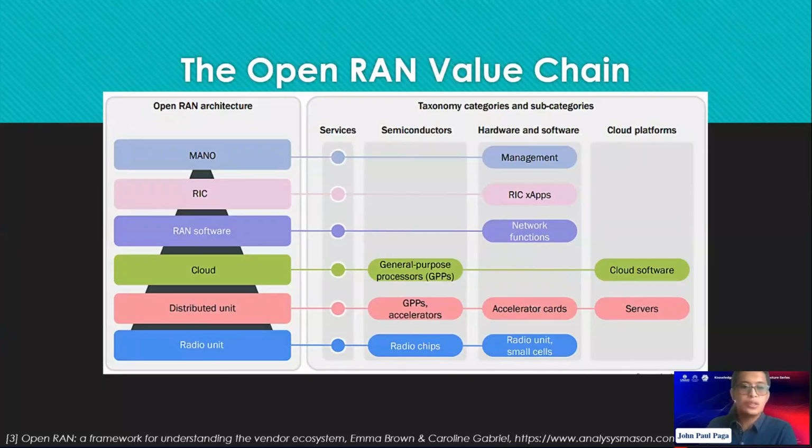For the RIC, software development companies din yan who can provide us with AI and machine learning algorithms. Okay? Also for the MANO, the management and orchestration, okay? On how we can deploy our VMs, our functions, and integrate it also with our network monitoring systems.